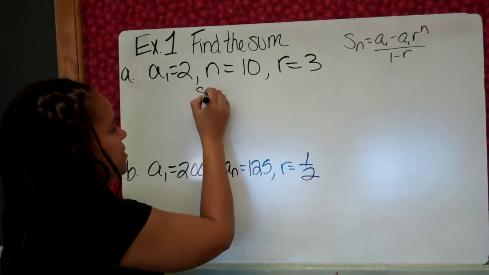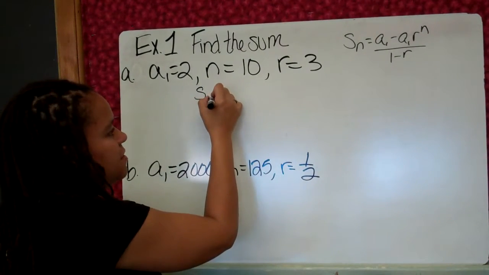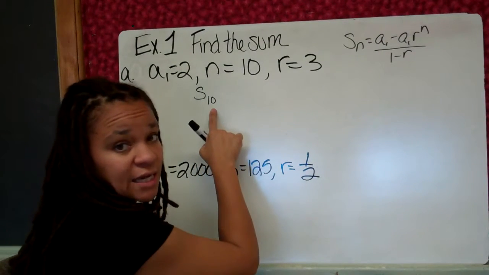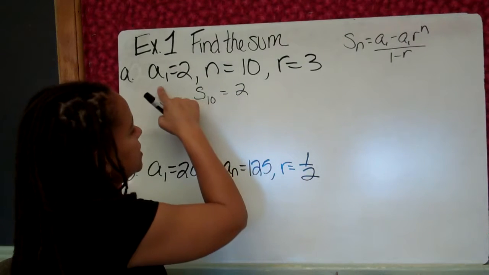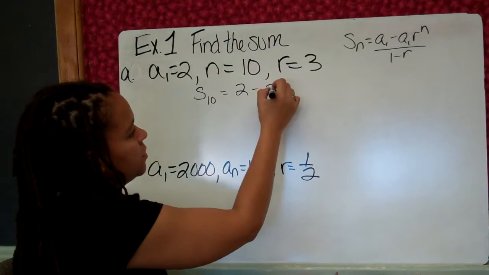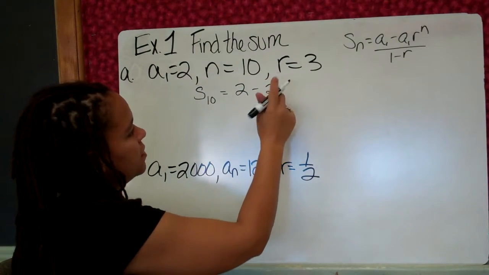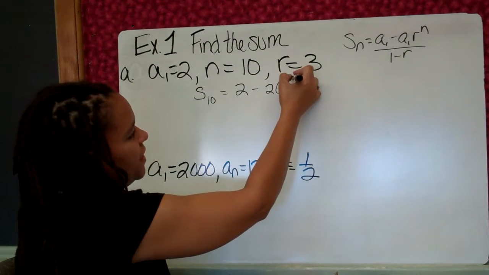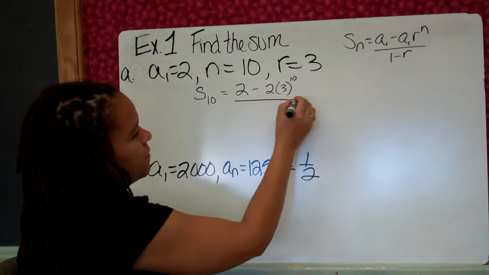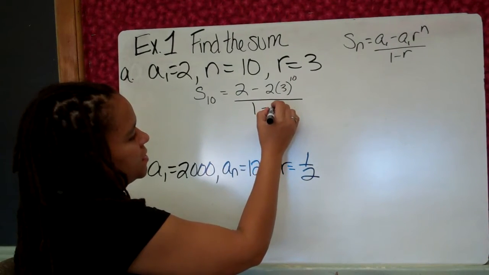S sub 10, the sum of the first 10 terms, is equal to 2, because that's A sub 1, minus 2, that's A sub 1 again, times 3 to the power of N, all over 1 minus R.